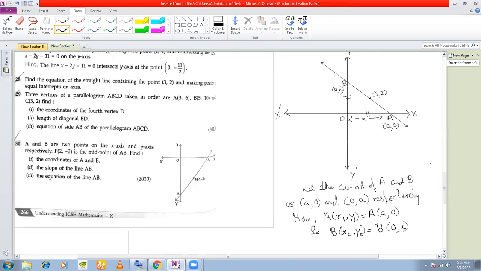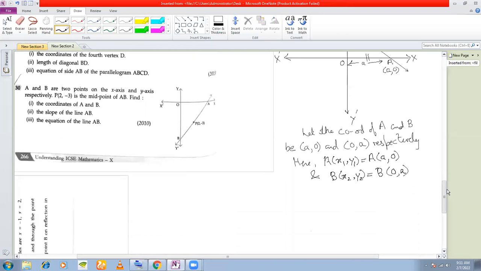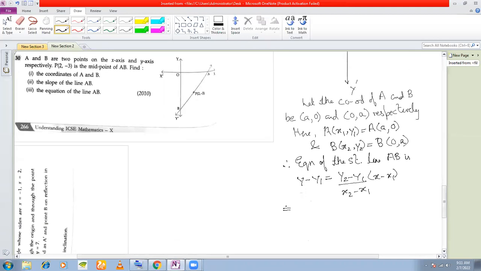Since I know two points on the straight line, I can find the equation of the straight line AB. Therefore, the equation of the straight line AB by the two-point form is y minus y1 is equal to (y2 minus y1) by (x2 minus x1) into (x minus x1).